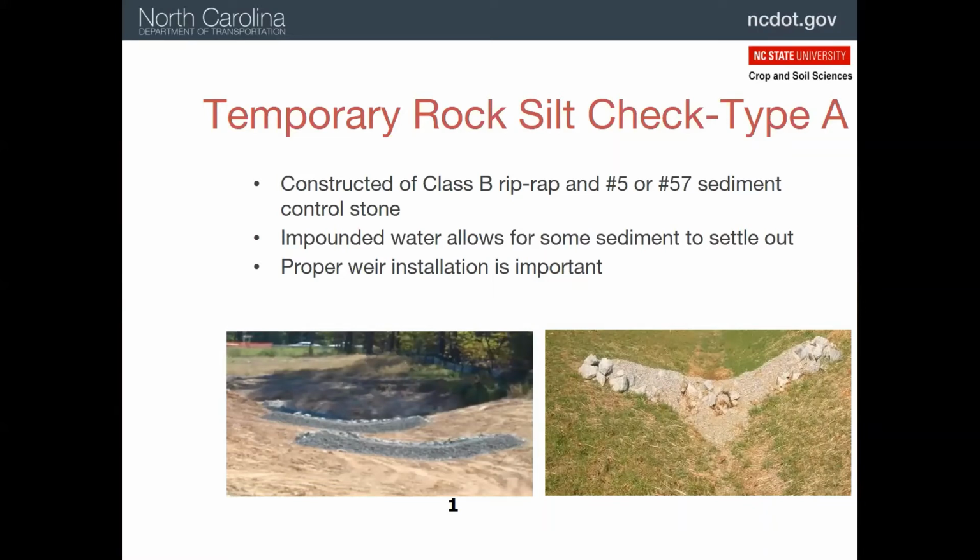It sort of holds the structure of the check dam. And then on the front of it, we'll put a face of that 57 washed gravel. And what that does is it restricts flow, so the water does get slowed up and does not build up a lot of energy to erode that ditch. All right, so that's our rock silt check Type A with, remember, the B stone and the 57.